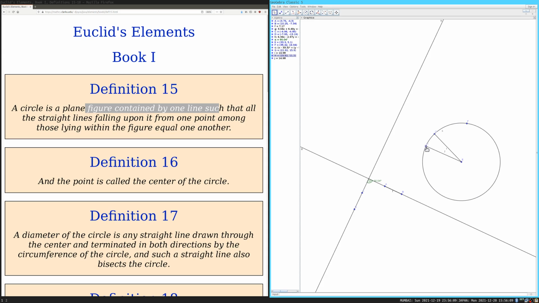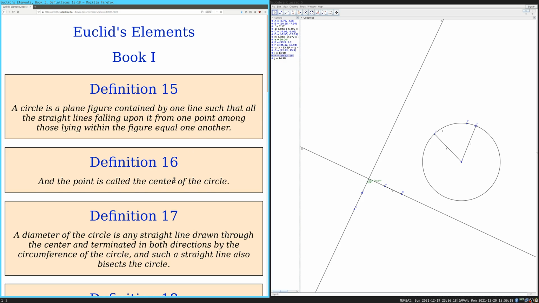The circle is defined by a figure that has a fixed radius and it has a center. Right, that's the center of the circle.